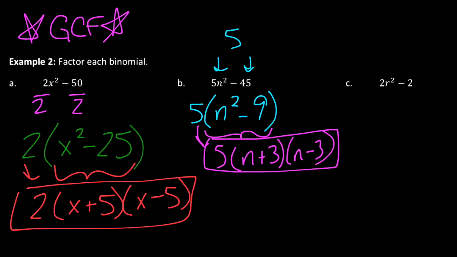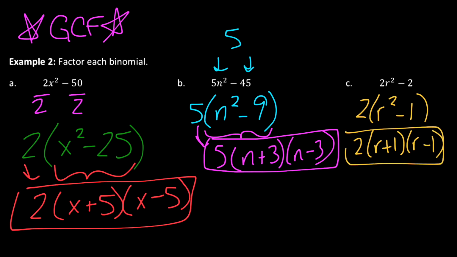Don't forget about it because it's still part of my final answer. Pretty obvious here to see what's going on with this last one. We can factor out the 2. So I'm left with r squared minus 1. And then we can factor that further to r squared plus 1 times just r plus 1 times r minus 1. And there we go. That's about it with difference of 2 squares.